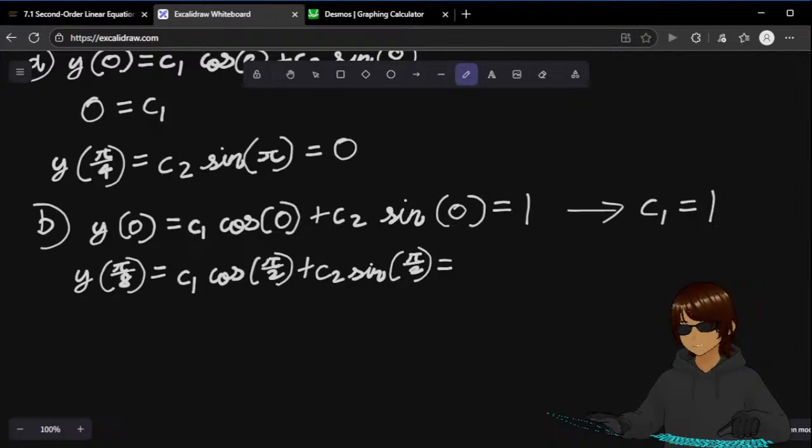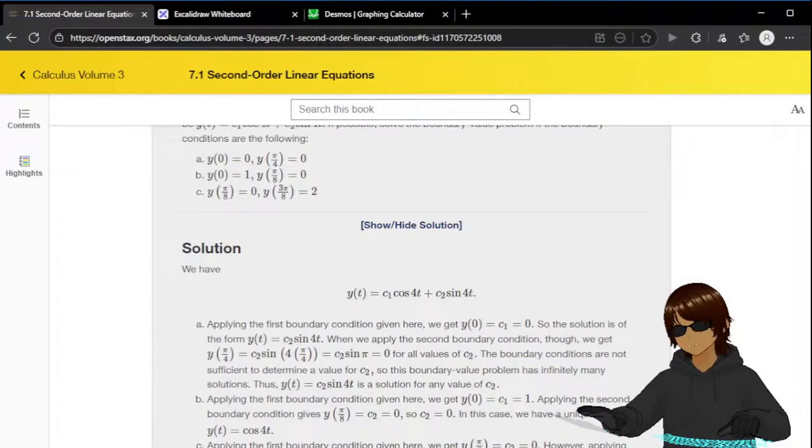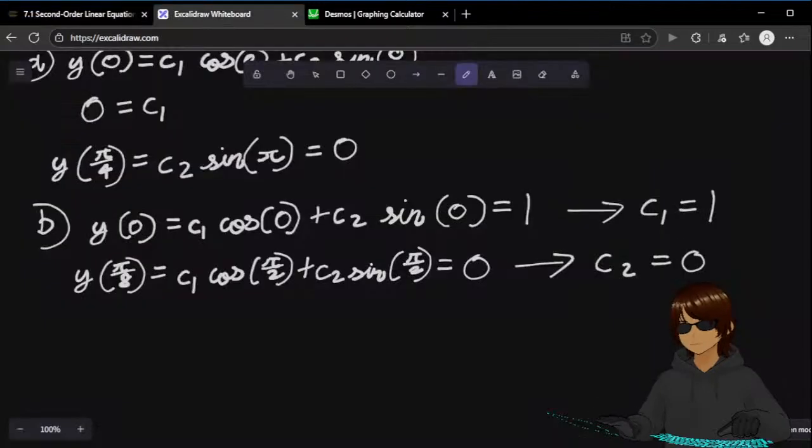Cos pi over 2 is 0. Sine pi over 2 is positive 1. So C2 is 0. C1 is 1, C2 is 0. So the solution is this.